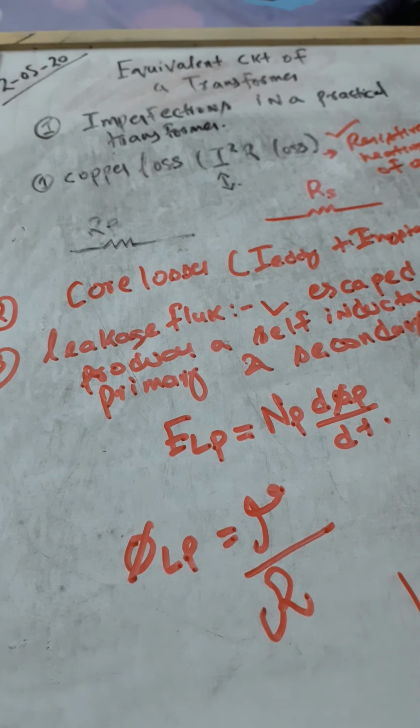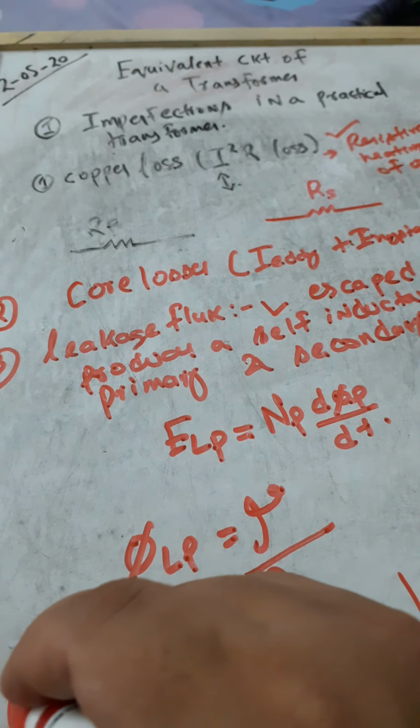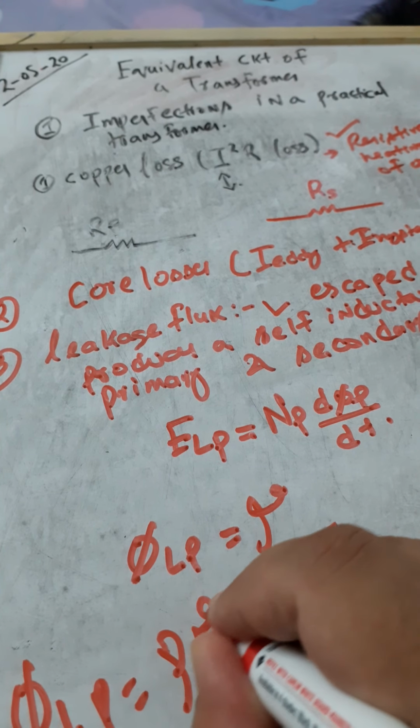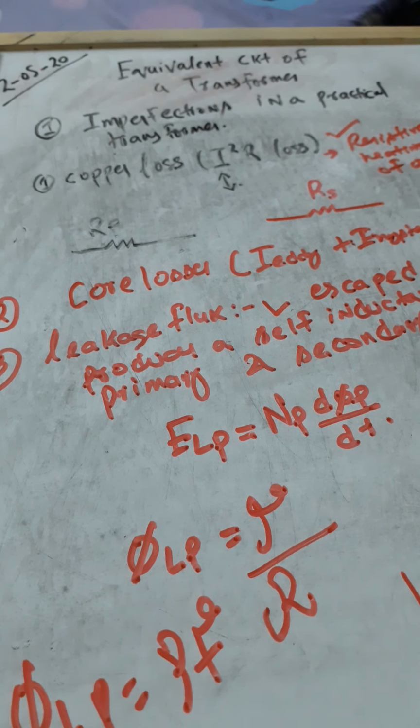Okay, so V is MMF, that is represented by this, and R is reluctance, and your 1 by reluctance is nothing but permeance. So 1 by reluctance is permeance, or in other terms I can write phi LP is my permeance into my MMF. So permeance into my MMF is my flux.